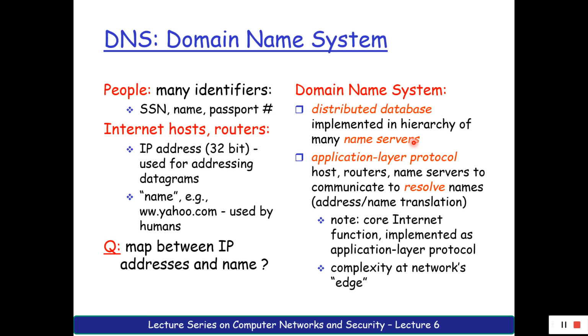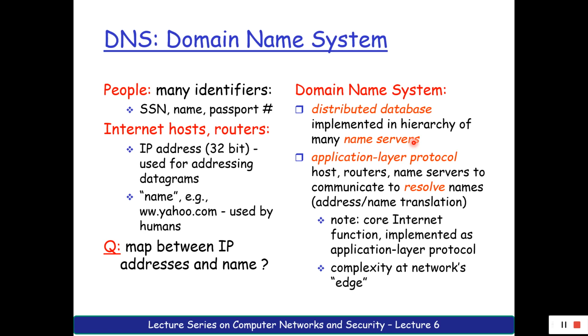Because they maintain names of respective IP addresses. So if that server is provided with a specific name, it will return a specific IP address. So whenever I type google.com, that google.com is given to a name server by your browser, and that name server will return the IP address to your browser.